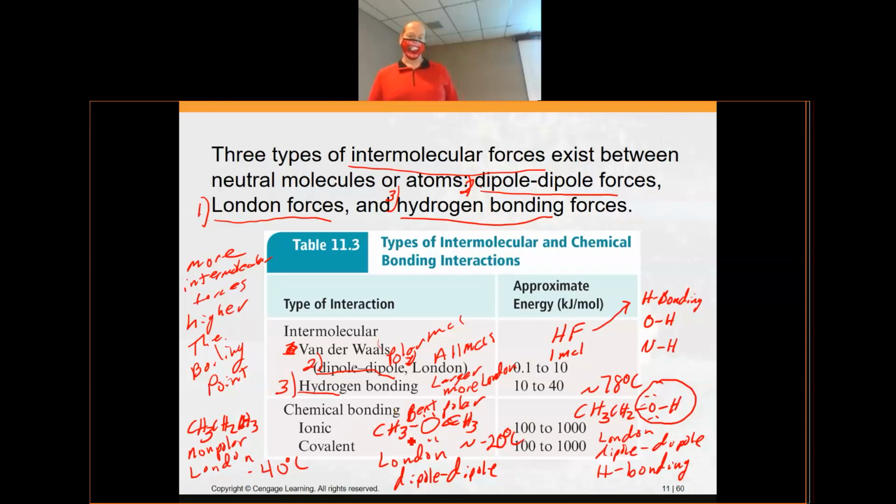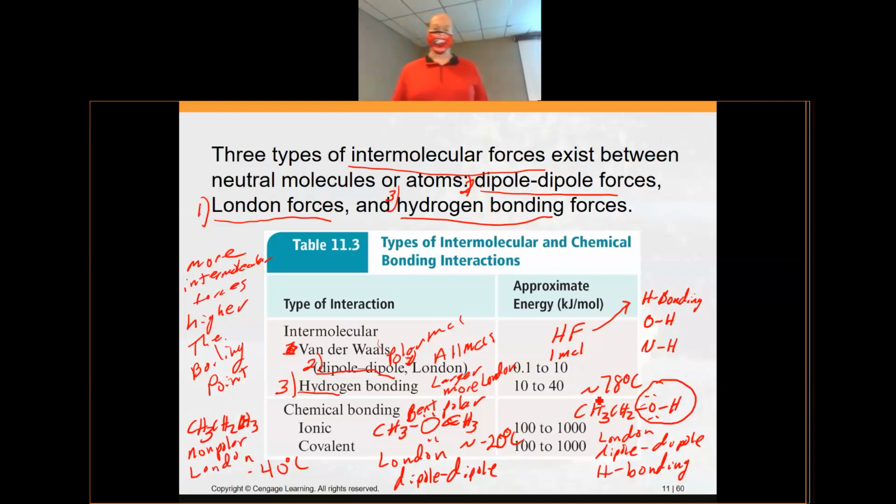You have London and dipole. It's going to be higher, so it's minus 20. And again, I'm kind of guessing on these temperatures. And then your alcohol here would have a boiling point of 78. So note that an OH will increase the boiling point here by almost 100 degrees Celsius.